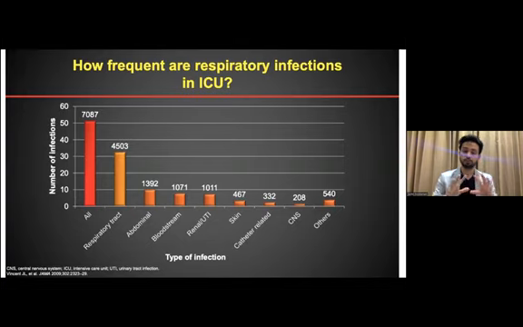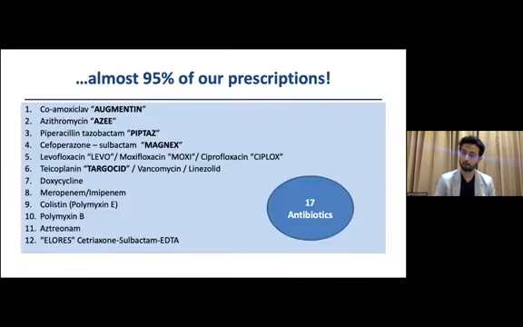So when we look into the various infections in the ICU setting in the Indian scenario, we see that the most commonly seen infections in our ICU are the respiratory tract infections, followed by abdominal, bloodstream, and urinary tract infections. So that's where the respiratory infections play an important role.